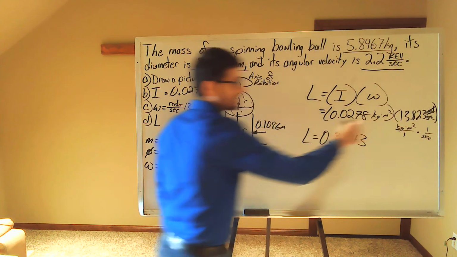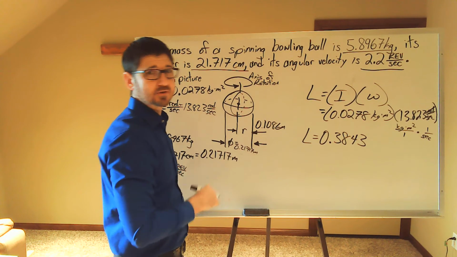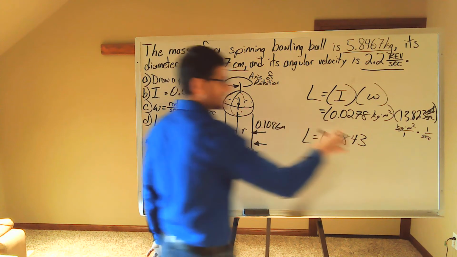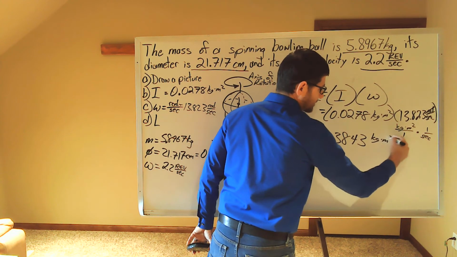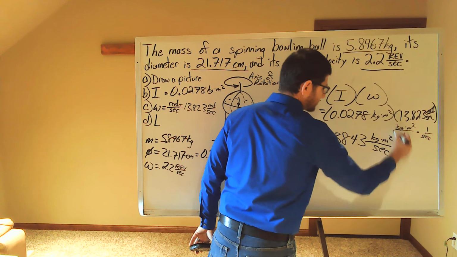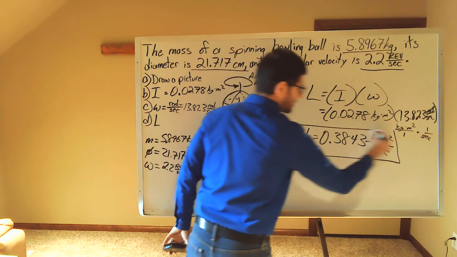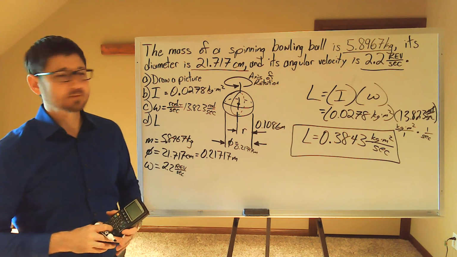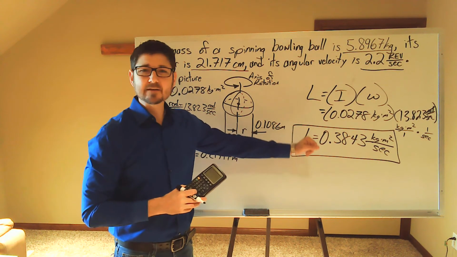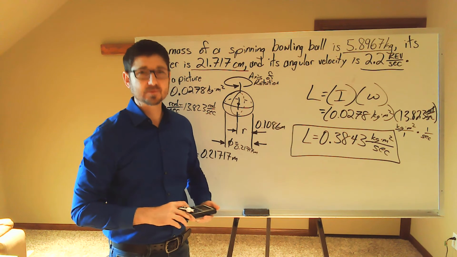Now we have radians in the numerator, but we're not going to transfer our angular displacement measurement. So this is going to give me kilogram meters squared per second. And so our angular momentum of the spinning bowling ball is 0.3843 kilogram meters squared per second.